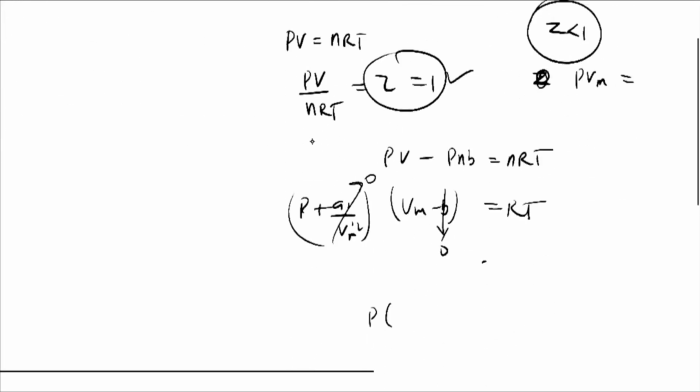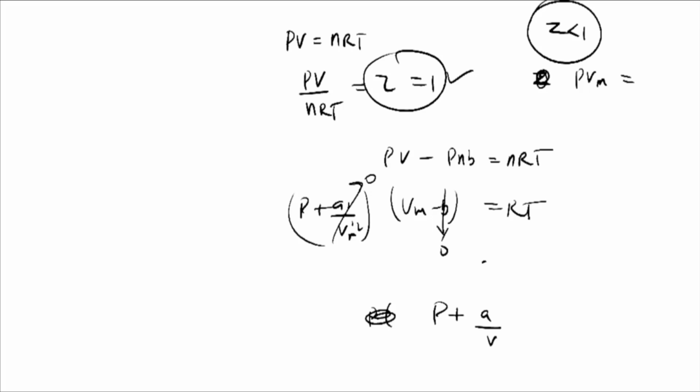is less because molar volume is high. So B can be neglected. B plus Vm is equal to RT. So this is PVm. So this Z is 1 minus A over Vm.